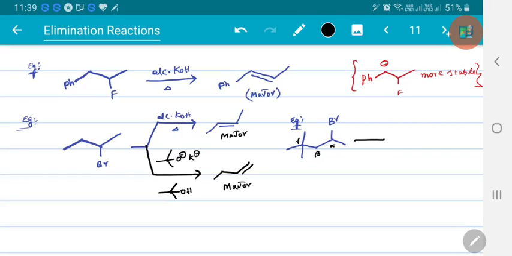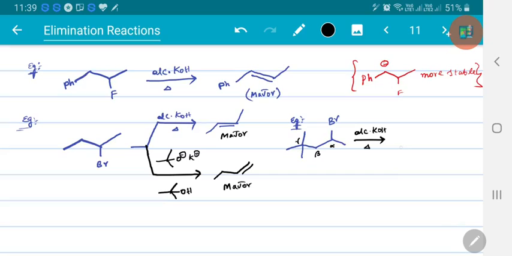Now if you take a base, whether you have taken a bulky base or a normal base, if the gamma position is bulky, even this OH minus, which is approaching the secondary hydrogen, now experiences steric hindrance.